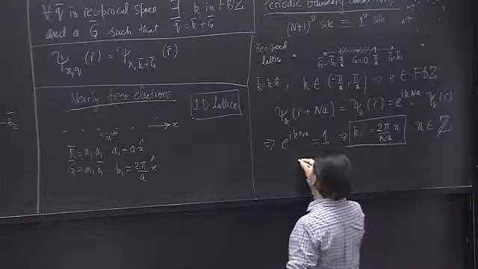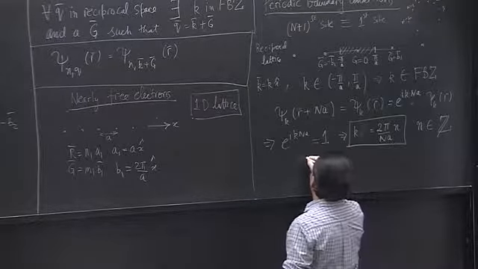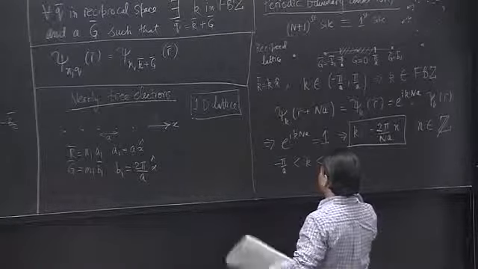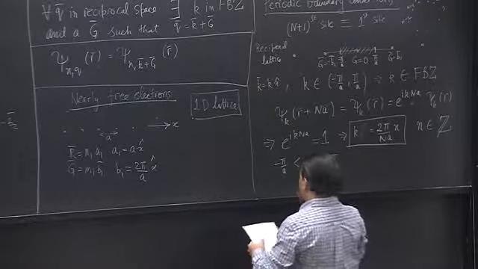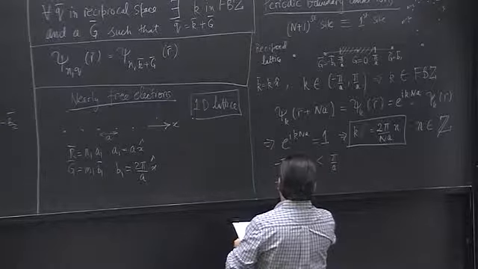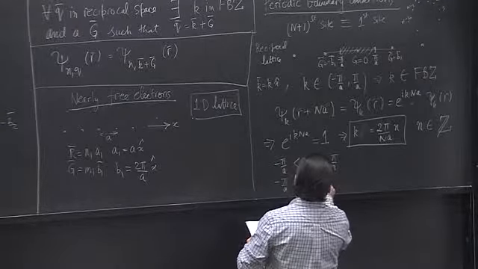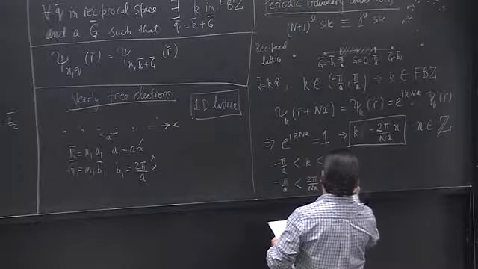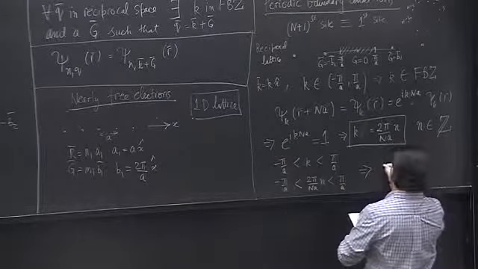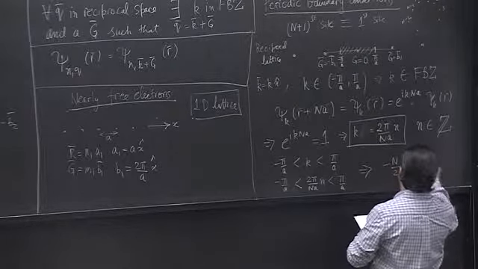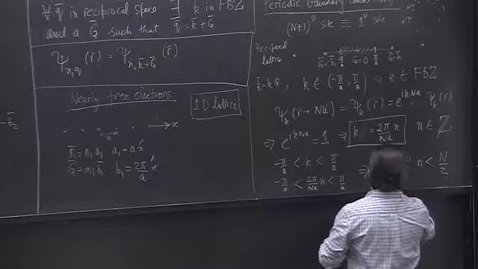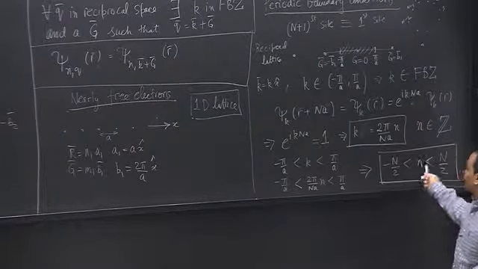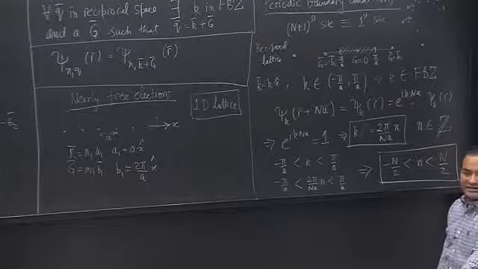Now, if we are interested in the first Brillouin zone and we want this k to be between minus pi by A and pi by A, this implies that 2 pi n over NA is in that range, that means this index n is between capital N by 2 and minus N by 2.